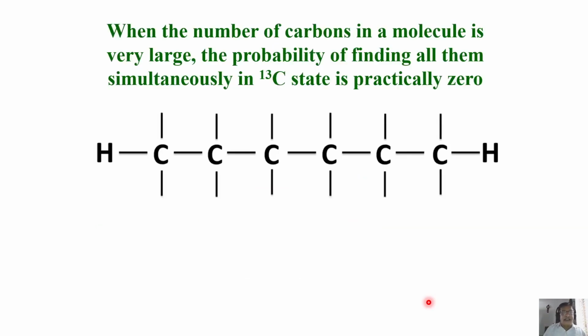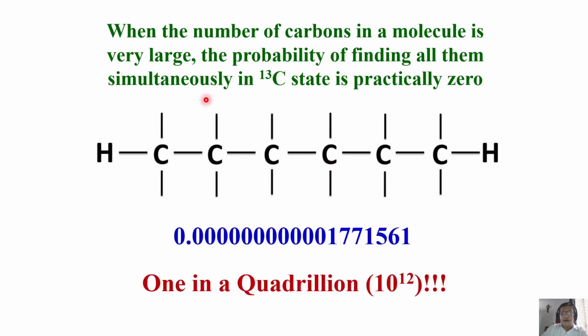Extend the logic. In some molecules, you come across several carbons in a chain. In a polymer, a lot of carbons will be there in a chain like this. I have taken an example of 6 carbons, because up to 3 we know it is 1 in a million, and now another 1 in a million. So it is 1 in 10 to the power of 12, 1 in a quadrillion.